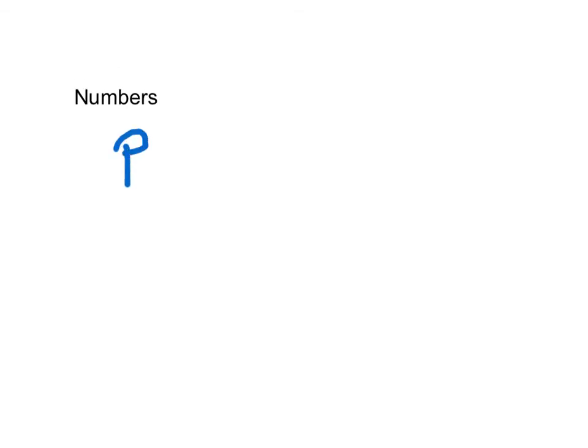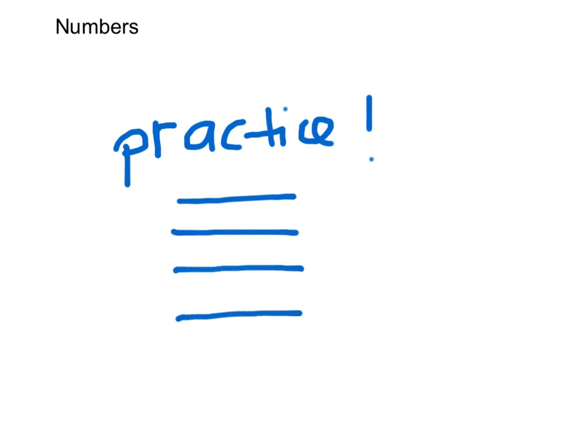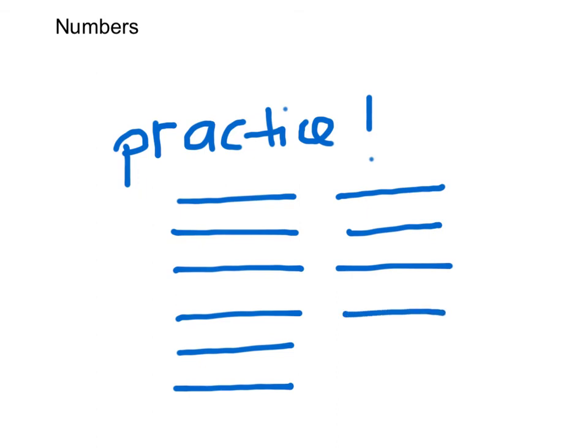Practice writing those because we want to also know how to spell them. So practice writing them out and then use your notes to check them. Okay, write them out and see if you can get them all.